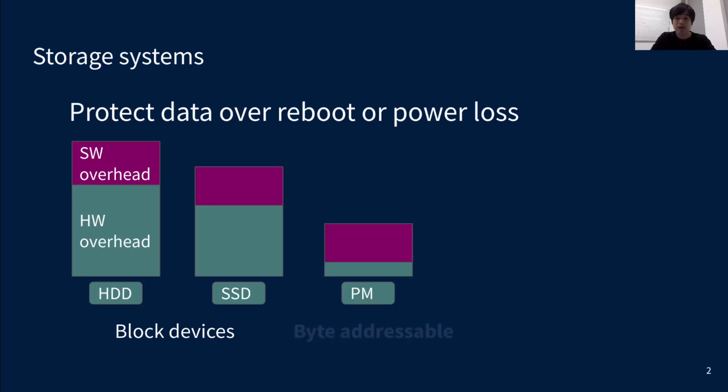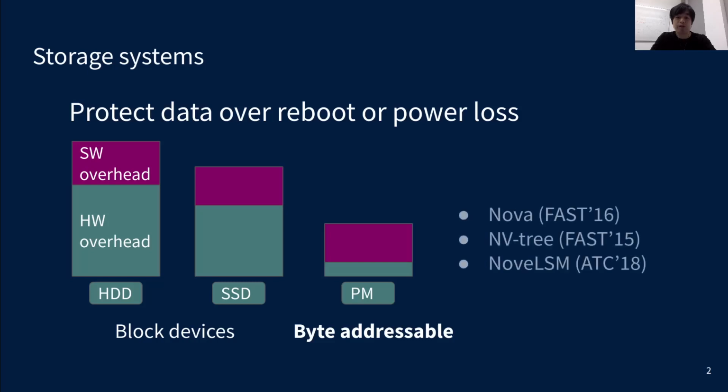On the other hand, persistent memory is byte addressable. This means that applications can access persistent data just using load and store CPU instructions, without buffer caches or system calls. Therefore, many storage researchers design efficient persistent memory systems using those unique features.